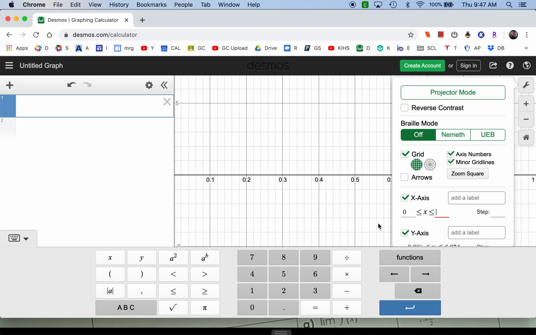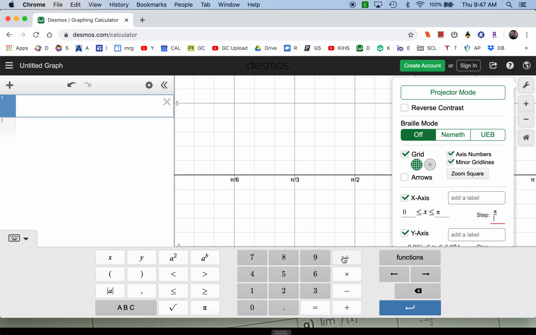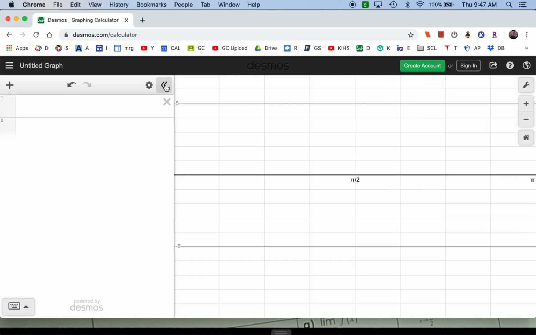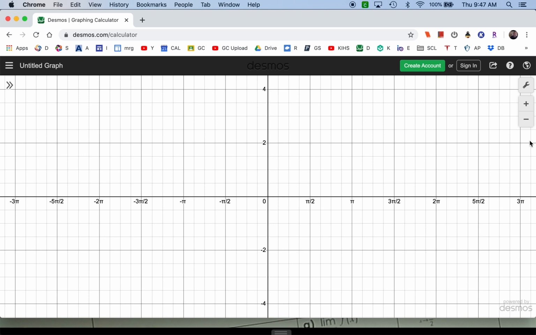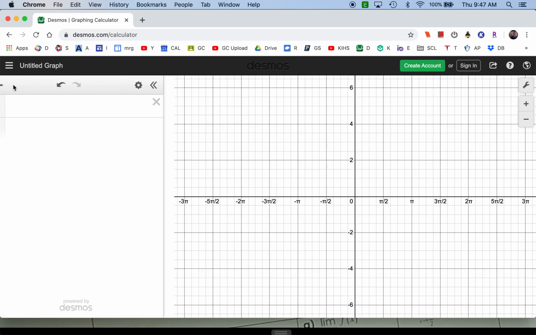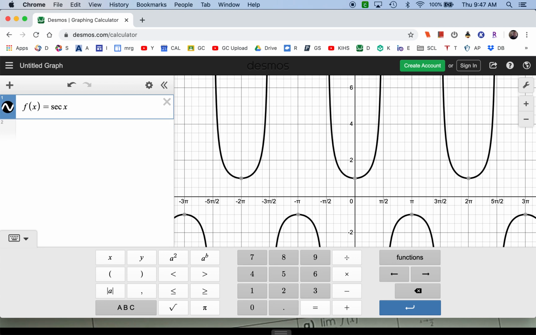I want to see if this works. And then I'll change the step to pi over 2. And then I'll get out of this, and I'm going to see what's happening around pi over 2. So where's the graph again? Oh, it erased. So f at x equals secant x.